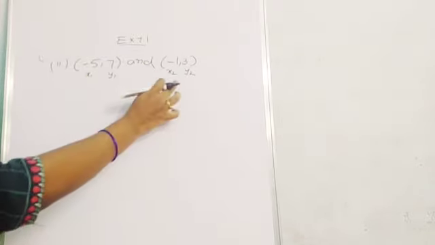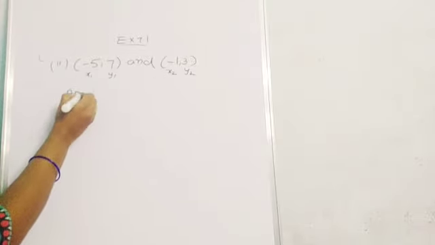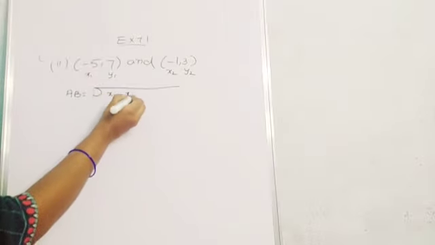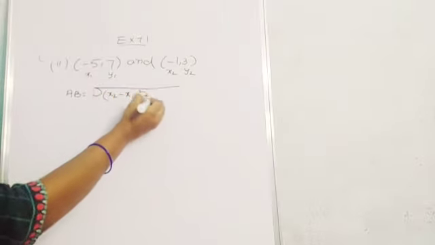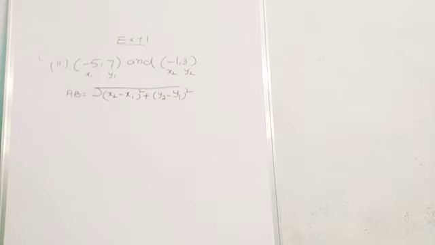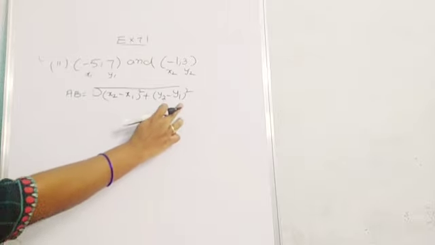Now we have to find the distance between those 2 points. AB is equal to the square root of (x2 minus x1) whole square plus (y2 minus y1) whole square. This is the formula for the distance between those 2 points.